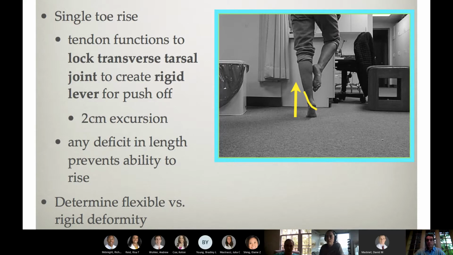As the tendon degenerates, you lose this strength as the tendon loses its excursion, and it's often the harbinger of progression from a flexible to a rigid deformity. Meaning, if you lose the ability to push off with your toes, you lose the ability to lock your transverse tarsal joints. Your hindfoot functionally stays in a valgus position, where the transverse tarsal joints are unlocked. And if you're in that position chronically, you get stiff.